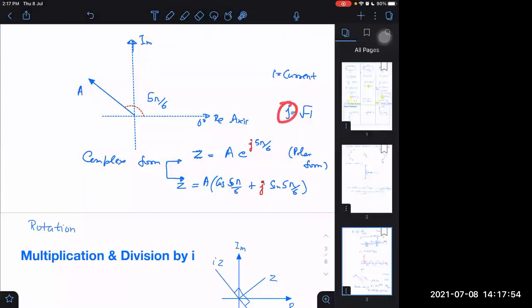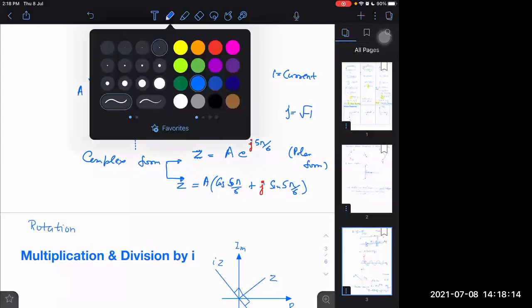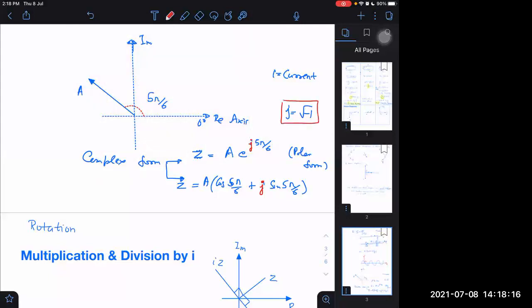I cannot represent this imaginary number, the root of minus 1, by I. I will represent it by J. Is that okay? Understood? It is exactly the same thing, there is no difference. The only reason we are doing that is so that there is no confusion with current.